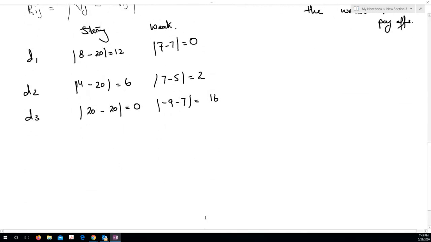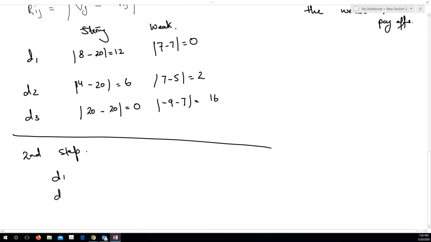So this is our first step, done for this method. In the second step, we have to look for the maximum regret. So D1, D2, D3. What is the maximum regret we can get?